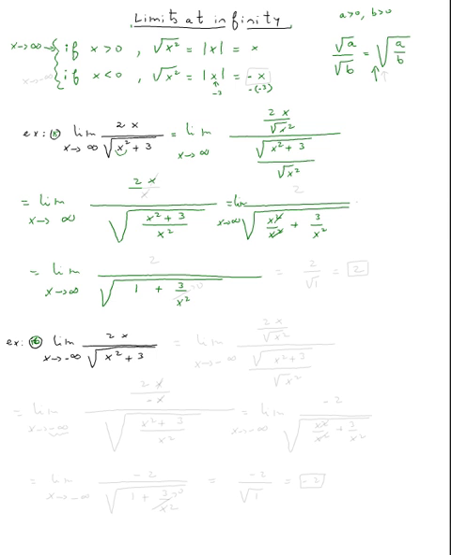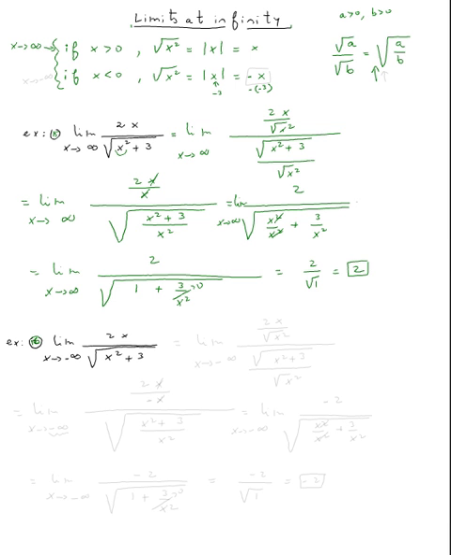So this is 2x over x. Now you'll see next example we're going to get a negative x when we do example 16. Here we simplify the x with the x. We'll get 2 as x approaches infinity. Same thing here, we get a 2. Now we know this is going to go to 0. So the answer will be 2 over the square root of 1, which is 2.